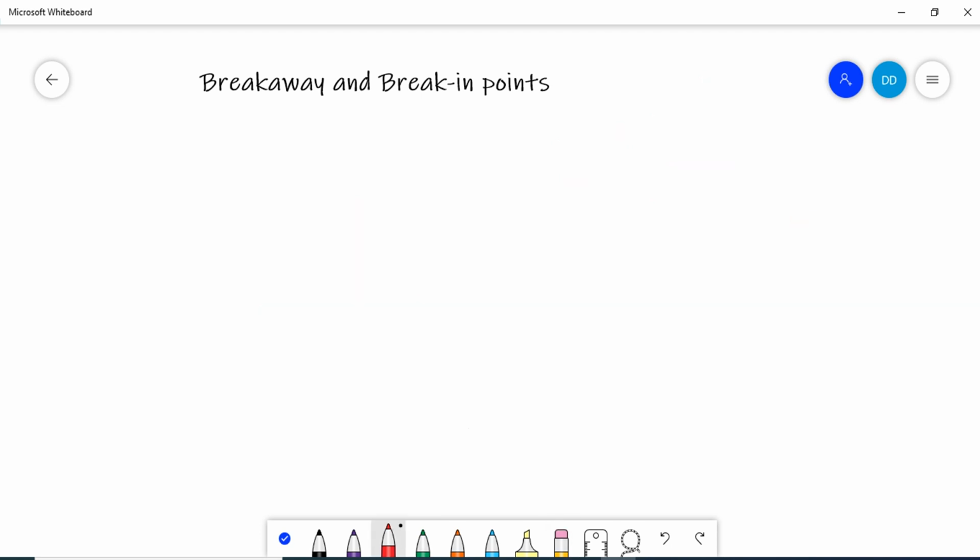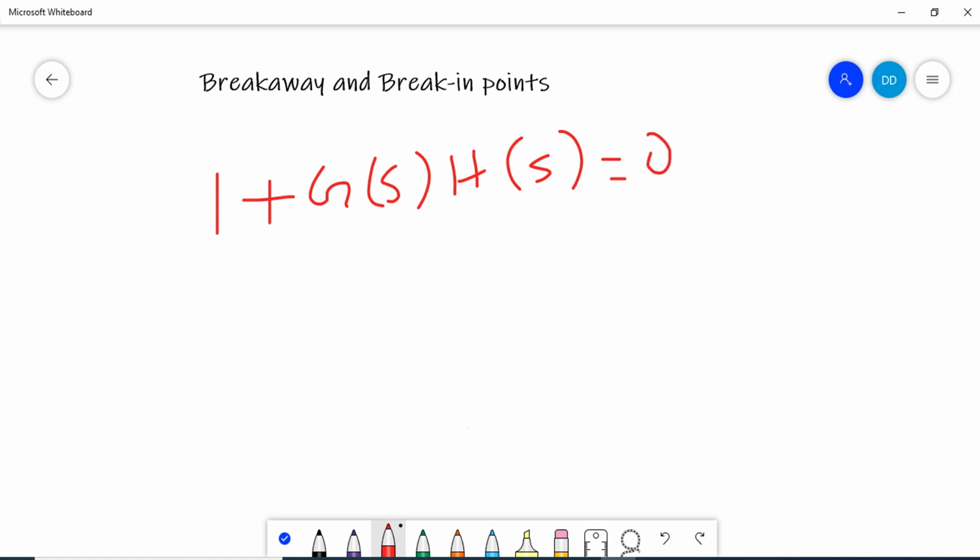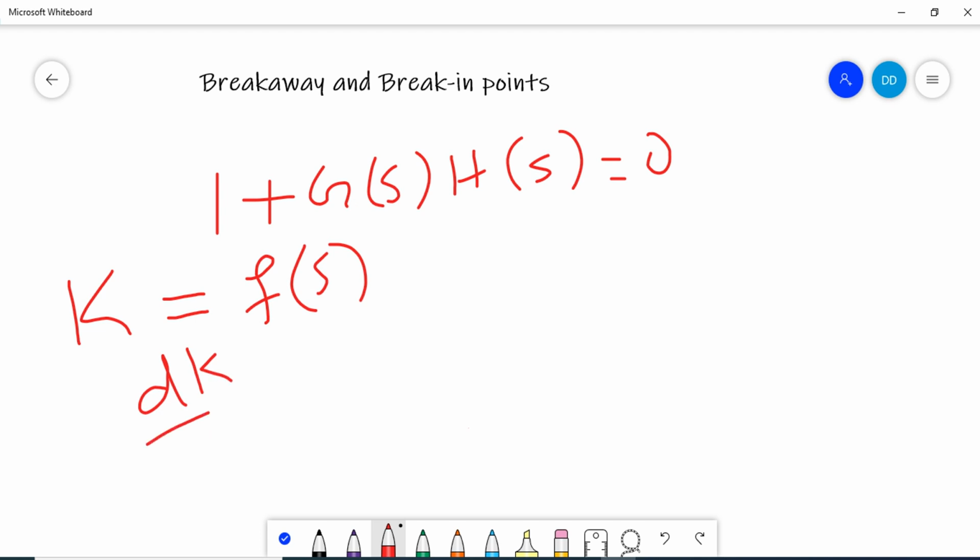First we have to write the characteristic equation, 1 plus G(s)H(s) equal to 0. From this characteristic equation we separate the terms containing K and rearrange so that K is a function of s. The next step is to differentiate this with respect to s and equate it to 0.